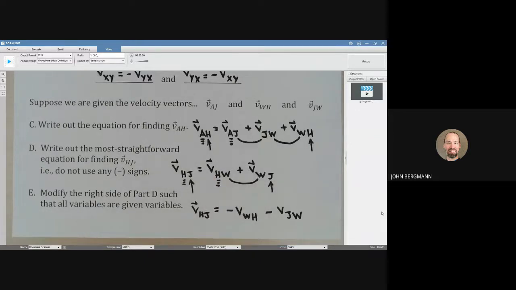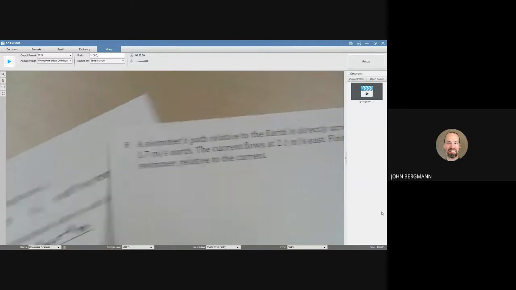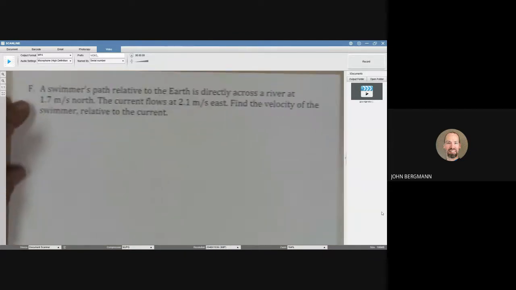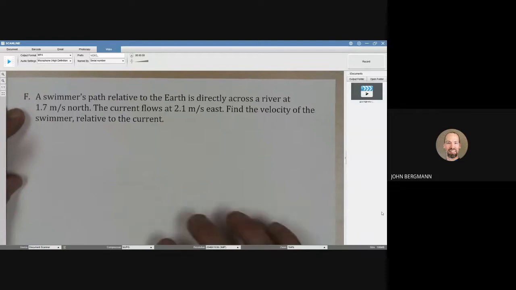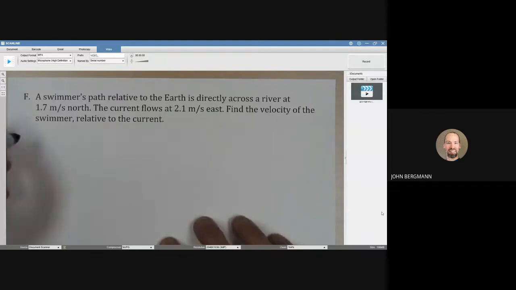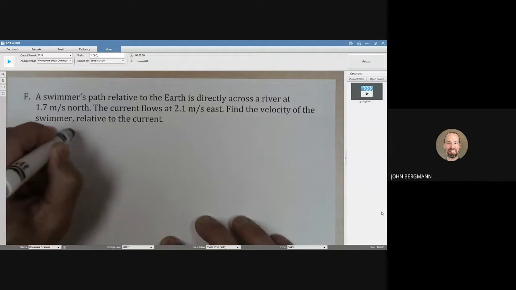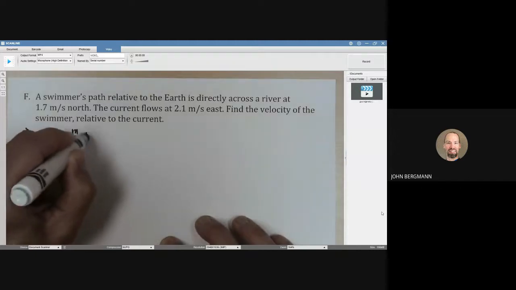We just have to know, do we keep it the same or do we have to flip the sign? Let's try one example here with a swimmer. The swimmer is swimming relative to the Earth. So the velocity of the swimmer relative to the Earth is 1.7 meters per second north.